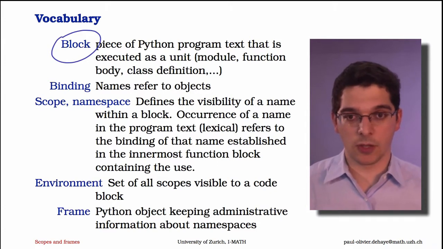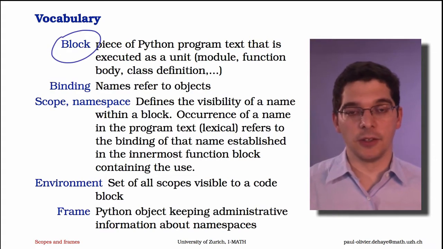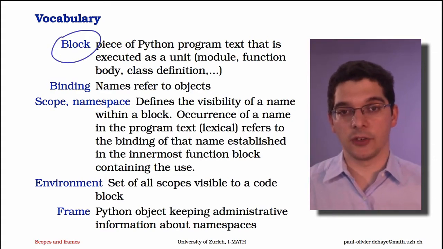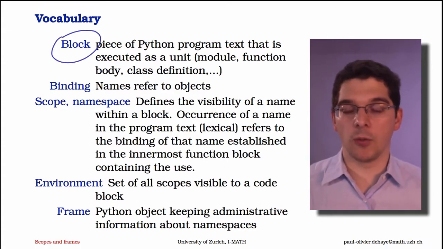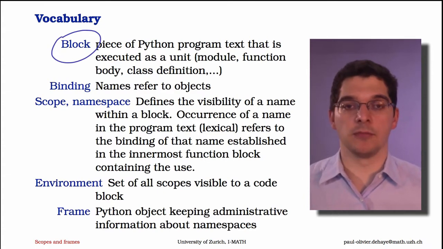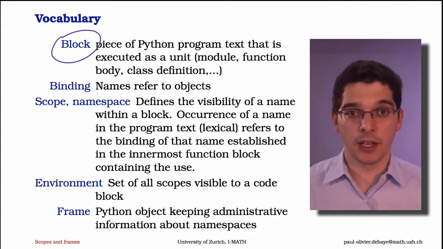Okay? So what Python will do, and this is a little preview of the next slides, is look at the blocks that contain the block you are in, starting with the same block, and figure out the closest binding with that same name. And once it has found that binding with that variable name, this binding is tied to an object.